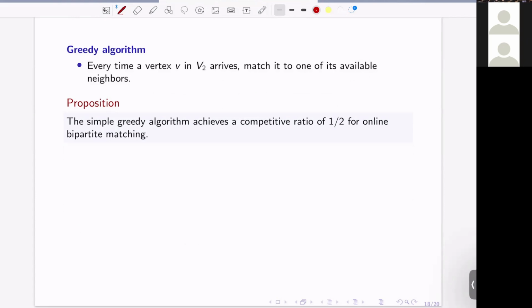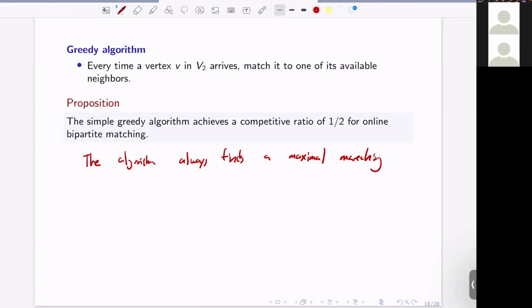This is maximal because if a connection is possible, we add it. And we leave a vertex unmatched only if no connection can be made for that particular vertex.